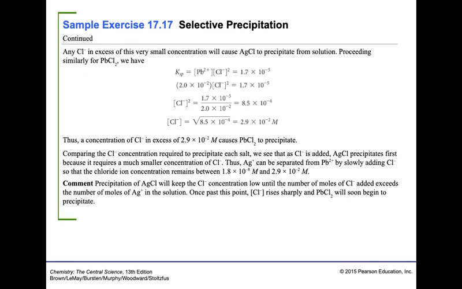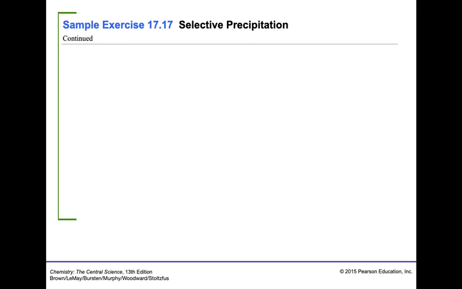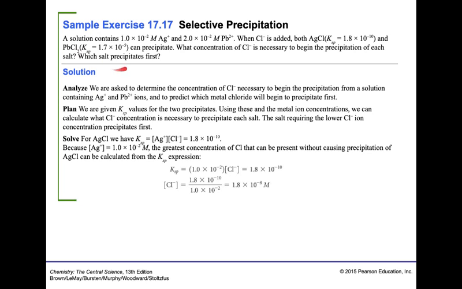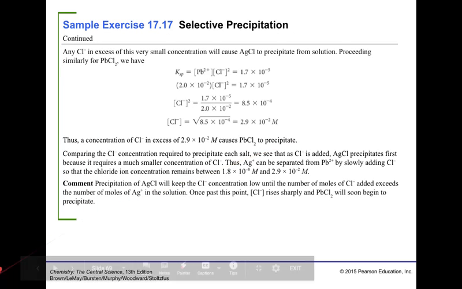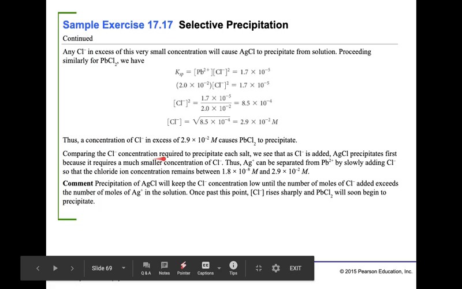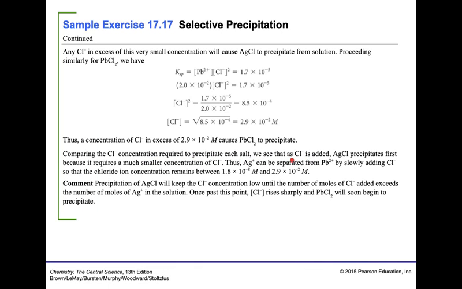Okay. So to answer the second problem, which is which salt precipitates first, well, obviously it's going to be the one with the lower concentration, right? You're going to compare the chlorine concentration required to precipitate each salt. You can see from what we calculated that when chlorine is added, the silver chloride precipitates first because it requires a smaller concentration.